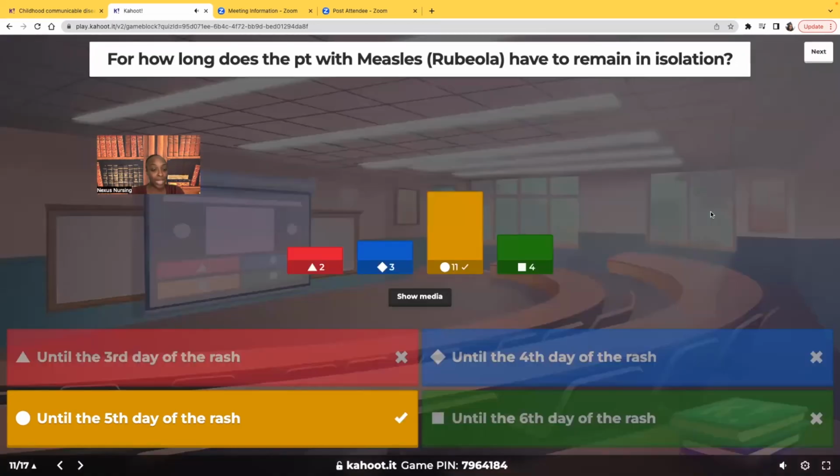Okay, guys, the correct answer is until the 5th day of the rash. So the patient's in isolation for the time of communicability, the time that they can transmit to someone else. So until the 5th day of the rash.